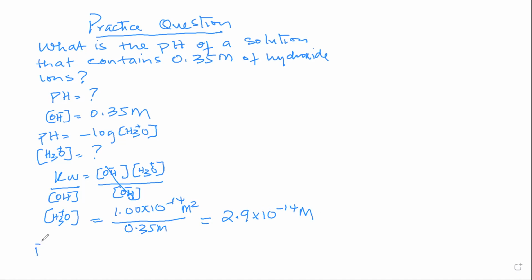Now, pH will be negative log of 2.9 times 10 to negative 14 molar, which will give 13.54 pH. So pH 13.54. So you have to apply what we learned before in this particular question.